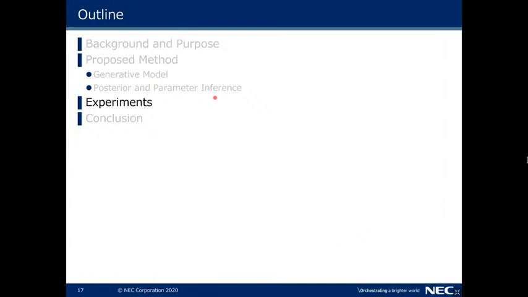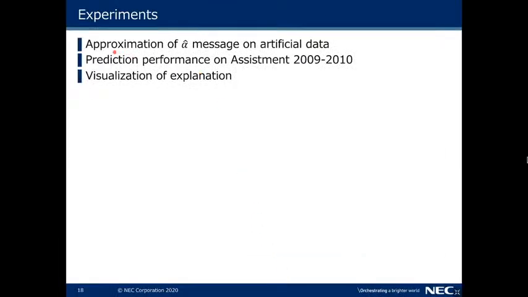So we can proceed with the posterior inference and parameter estimation proposed for the LDS. Now I'm going to show some experimental results. I did three experiments: first, approximation of the alpha message; second, prediction performance; and third, visualization of explanation.